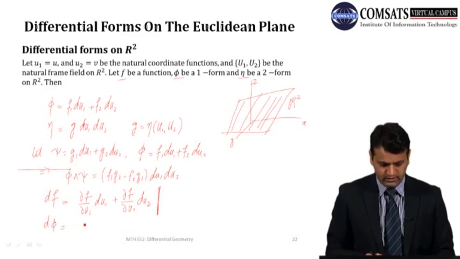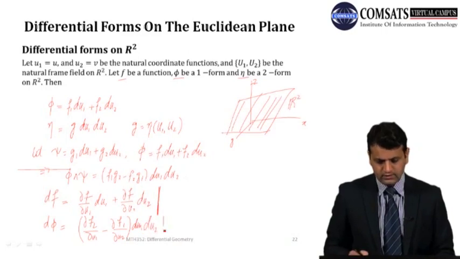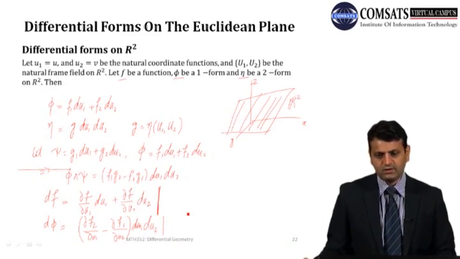It has to be a 2-form, and what is that 2-form? Partial f2 by partial u1 minus partial f1 by partial u2, multiplied by du1 du2. So basically when we take R2, R2 is a surface, and in this case only one patch is formed. Because only one patch is formed, it is easy to write all these results in this case. We have obtained these results for all of R2 using the previous results.